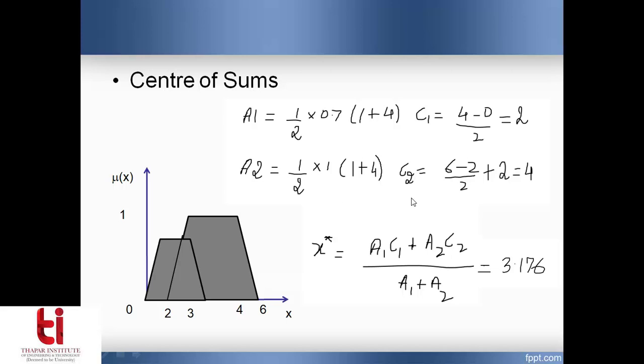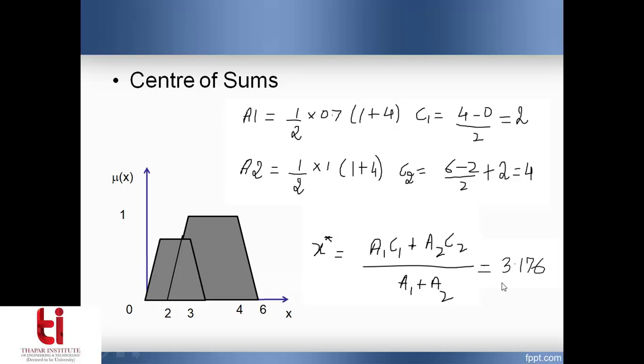So I can find this area, and the centroid between 2 and 6 is 4. Once I found it, I can easily apply the formula and get the value. If you see, this value is exactly the same as the weighted average. So this also gives me very good results.